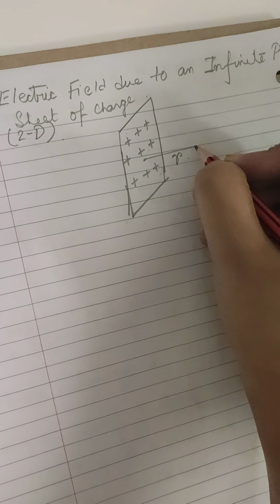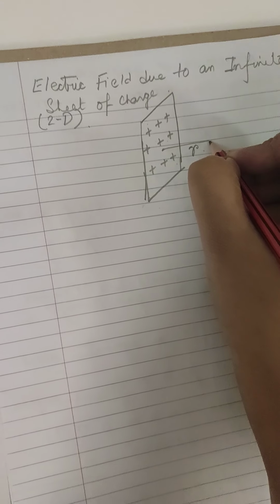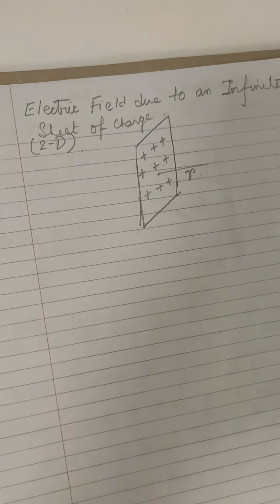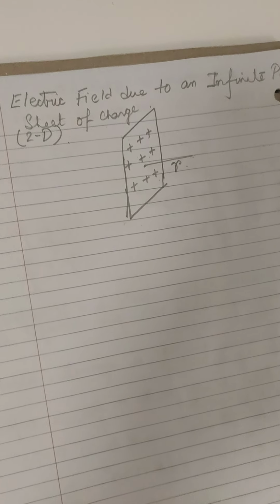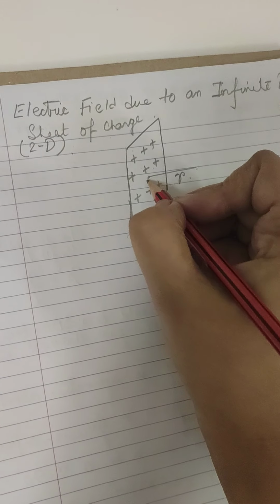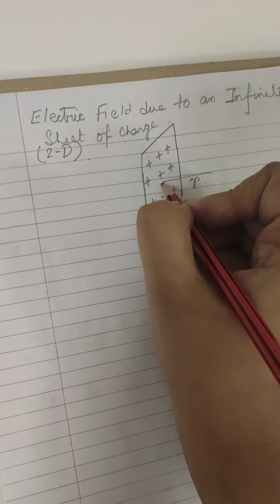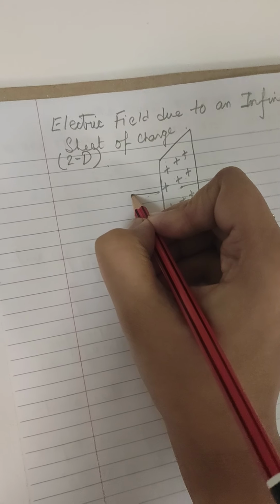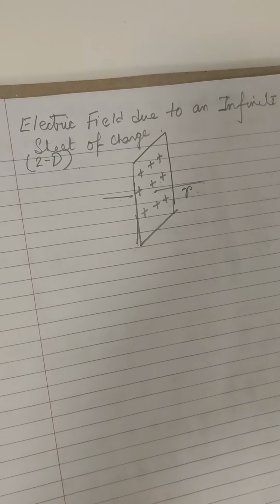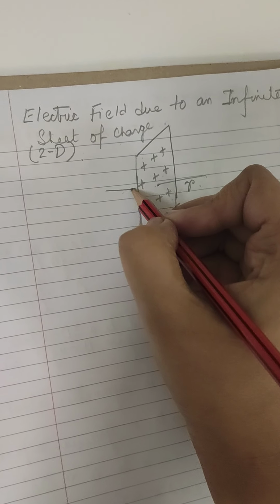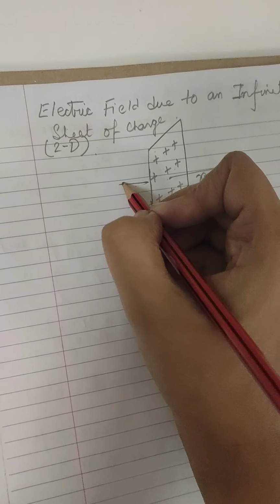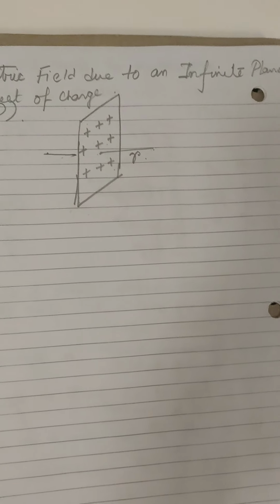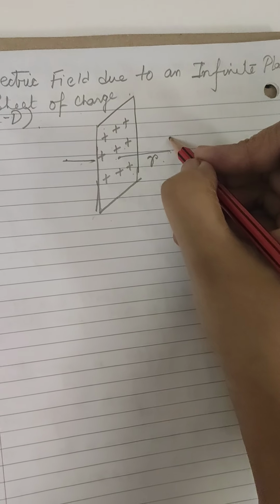Fine. So we have to draw a Gaussian surface. What will be the Gaussian surface? If we have to find the electric field intensity at this point, we also have to find the electric field intensity at the other point at a distance r from the center of the sheet, to maintain symmetry, because a Gaussian surface is all about symmetry.